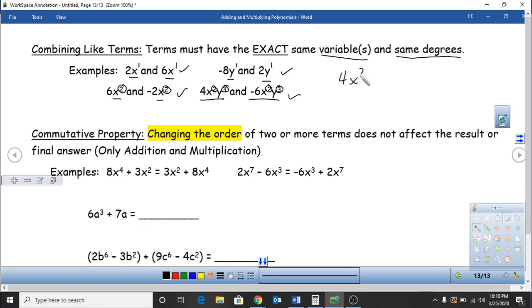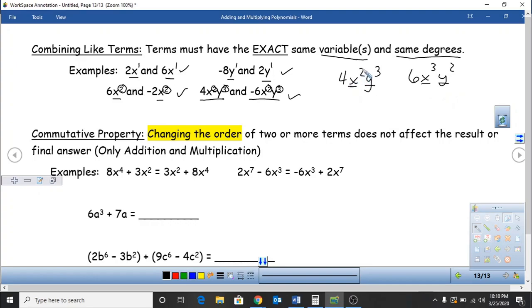Now, don't fall for some of the traps that they might give you, right? What if they give you an example like, let's say, 4x squared y cubed, and you're wondering if you can add, let's say, 4x squared y cubed plus 6x cubed y squared. If you look at this quickly, it might trick you, and you might say, oh, yeah, they have the same variables, same exponents. But look at them carefully, right? We look at the variables first.